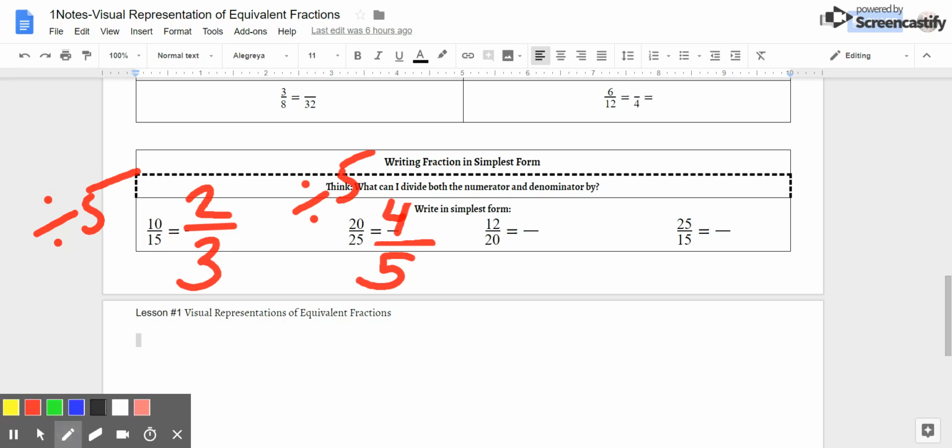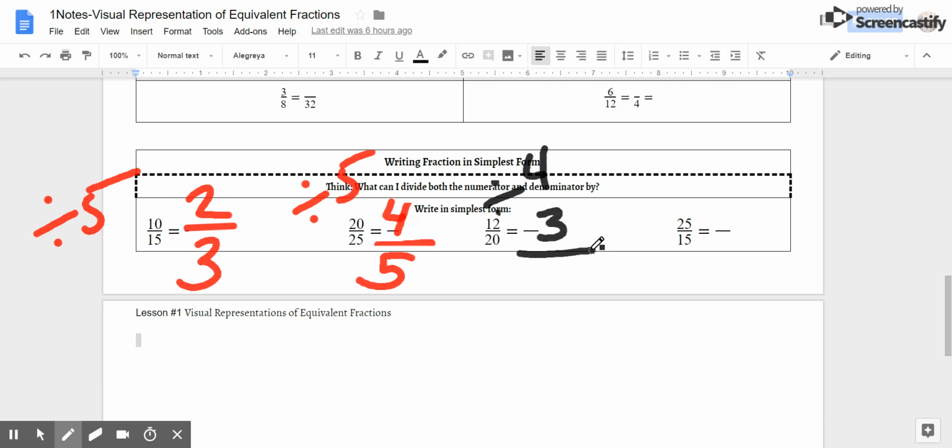Simplest form, what can I divide both 12 and 20 by? Well, I know there's at least a 2, but that's not my biggest factor, so I think I can divide both by 4. 12 divided by 4 is 3. 20 divided by 4 is 5, so 3/5.